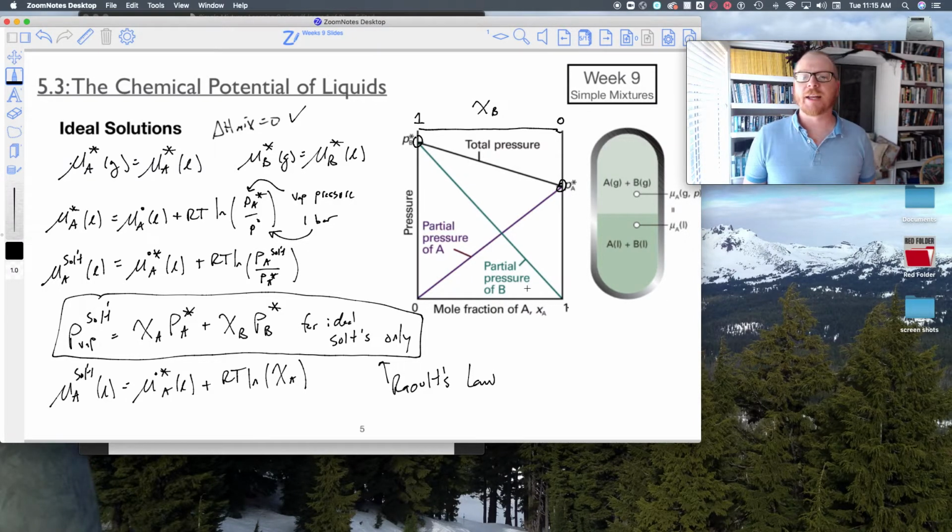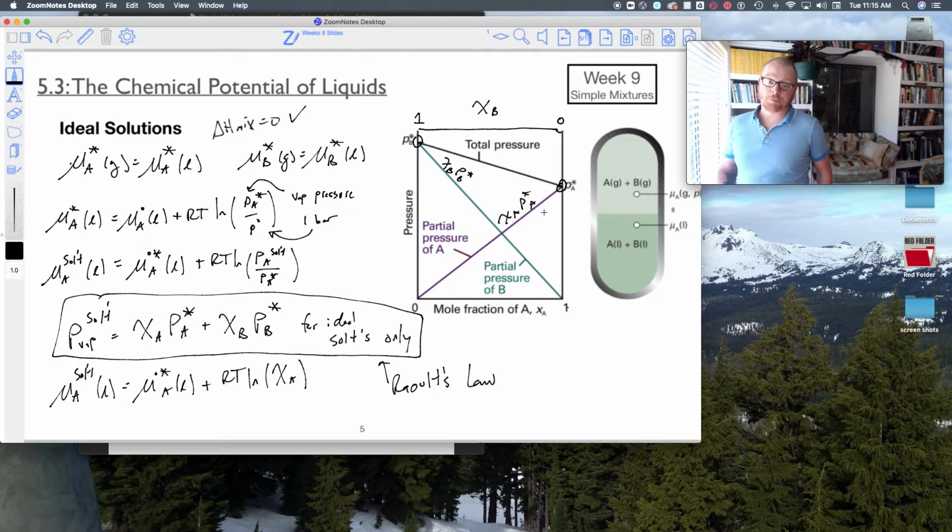Okay? But now what we see on these graphs is actually the equation here. So for A, I'll try to write this along it, that goes chi A times PA star. And then along this line, this is chi B times PB star, okay?